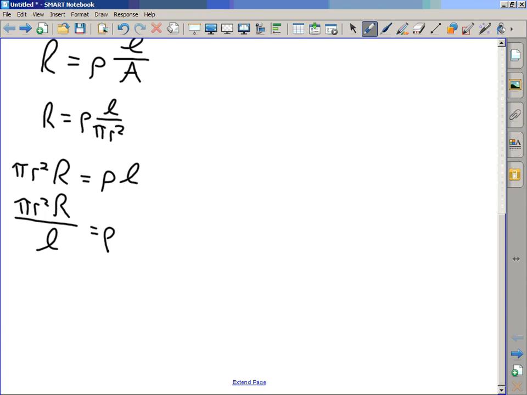So I've got big R for the resistance here, and then I've got pi radius squared down there. I multiplied everything in the denominator over to the other side. So now I've got my pi radius squared and my resistance being multiplied.